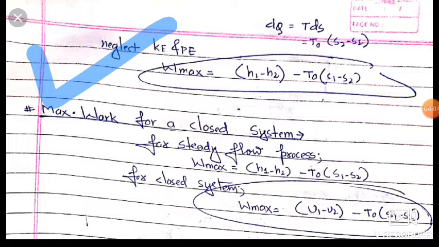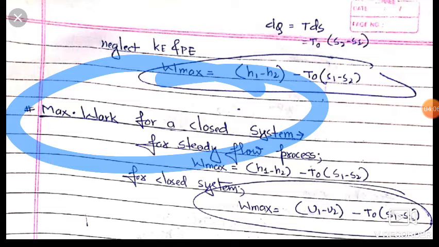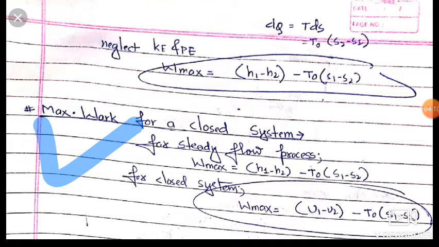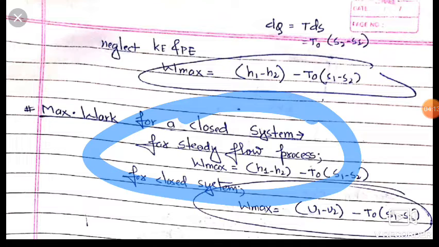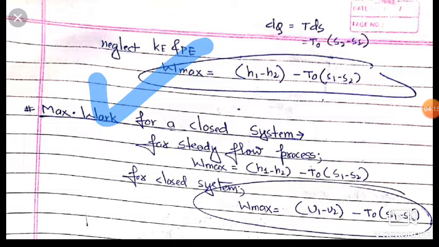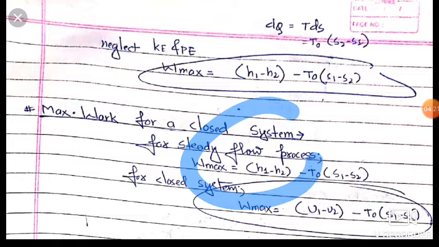And friends, if we want to find maximum work for a closed system, then from the steady flow process for open system, it is h1 minus h2 minus T naught (s1 minus s2). Here it is open, so it is enthalpy h1 minus h2.